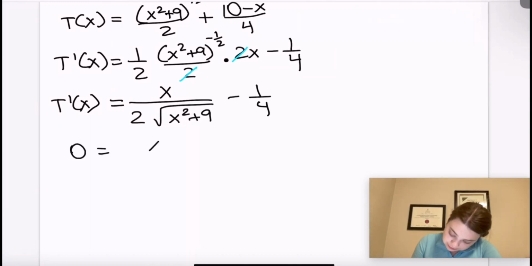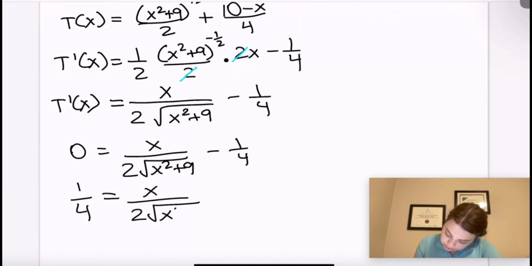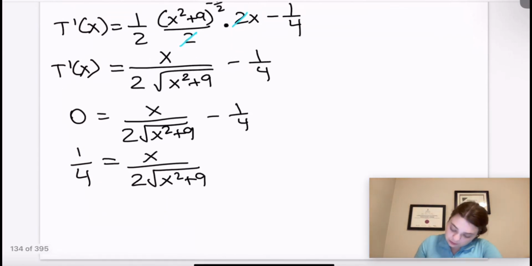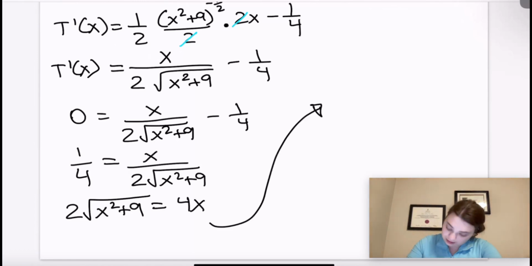Okay, all right, so now let's set T prime of x equal to 0 to get that 0 is equal to x over 2 root x squared plus 9, minus 1/4. So therefore, 1/4 is equal to x over 2 root x squared plus 9. So therefore, 2 times the square root of x squared plus 9 is equal to 4x. Then if we continue, the square root of x squared plus 9 is equal to 2x.